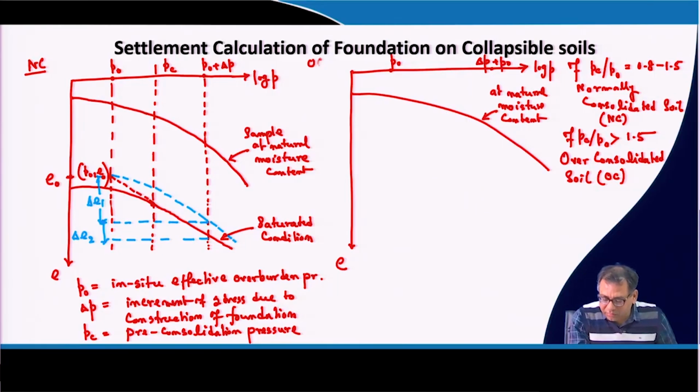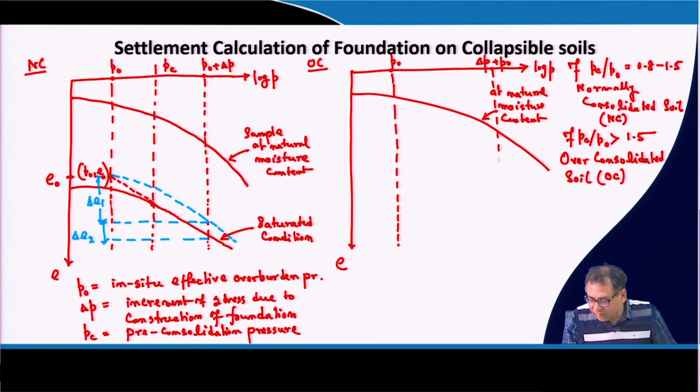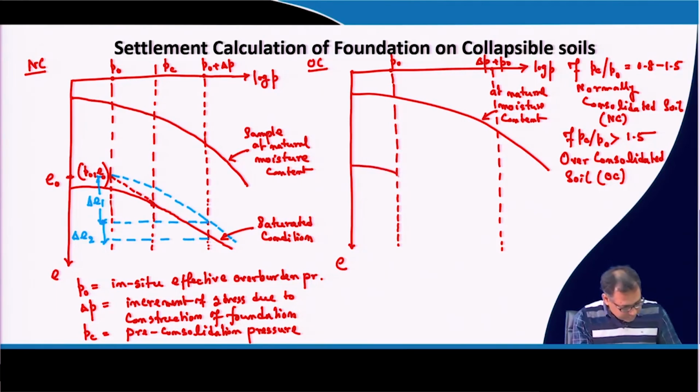So, we have this P0 line and this P0 plus del P line, and then we have the soil which is under saturated condition.